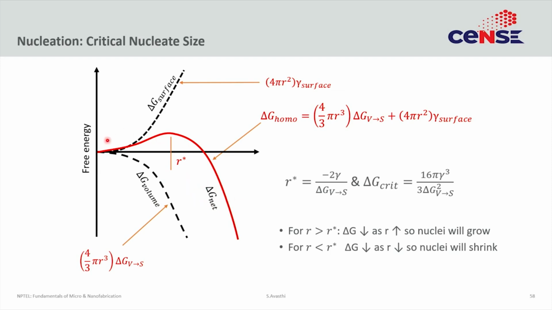However, for small r's, the penalty of making a surface is higher than the gain of saving some volume Gibbs free energy. So, for small r's, you actually have a penalty of formation. So, your delta G is positive. What this means is that nuclei do not want to form when they are small, but nuclei do want to form when they are large.